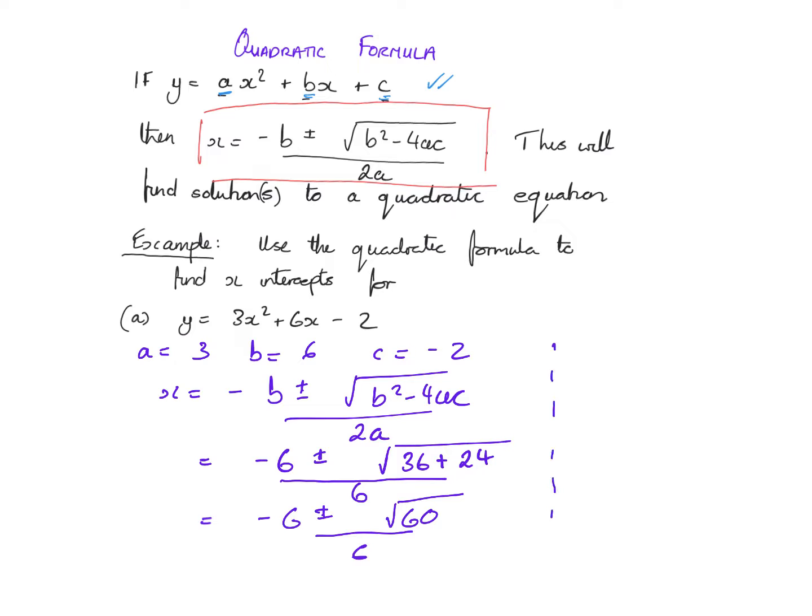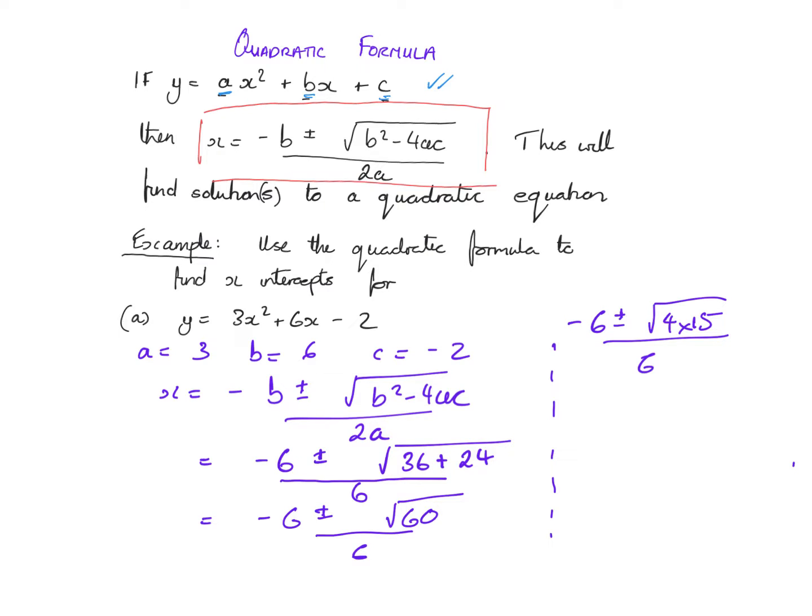Now let's come over here. Although that's an answer, let's see if we can tidy that up at all. Alright, so I'm going to look at my square root 60. At this stage you cannot cancel down that minus 6 up the top and the minus 6 down the bottom. It has to be a factor. So I'm going to write the square root of 60 as 4 times 15.